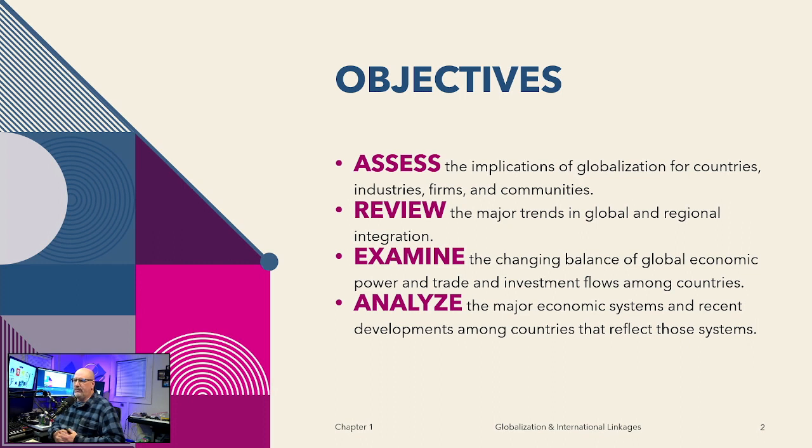We're going to review the major trends in global and regional integration. We're going to examine the changing balance of global economic power and trade and investment flows among countries. And lastly, analyze the major economic systems and recent developments among countries that reflect those systems.